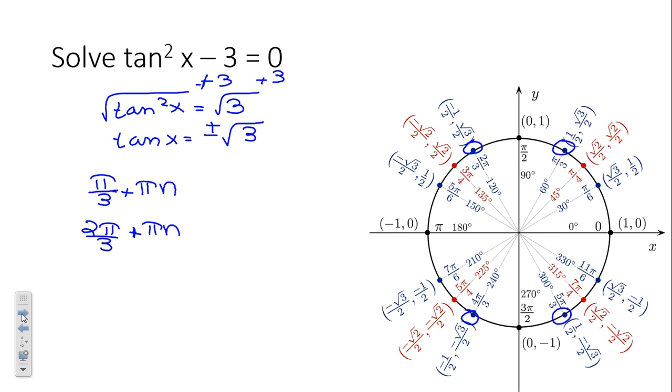They didn't say I want you to restrict this between 0 and pi over 2 or 2 pi. Okay, so because they didn't restrict our domain, we have to realize that we can go 60 degrees and get this value.